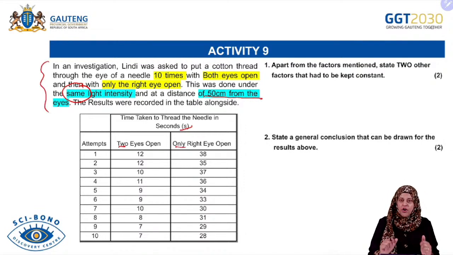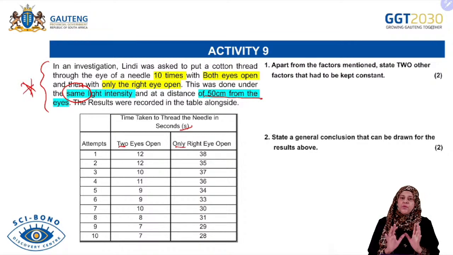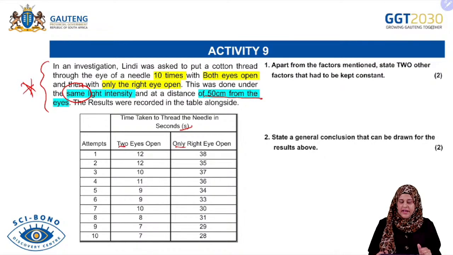They go straight into the table and try and answer questions. Guys, you've got to read. And when we give you the 10 minutes reading time in the exam, it's for a purpose. Make sure you read through your entire paper properly when you are given the reading time, okay? And if you are answering the question, you need to read.